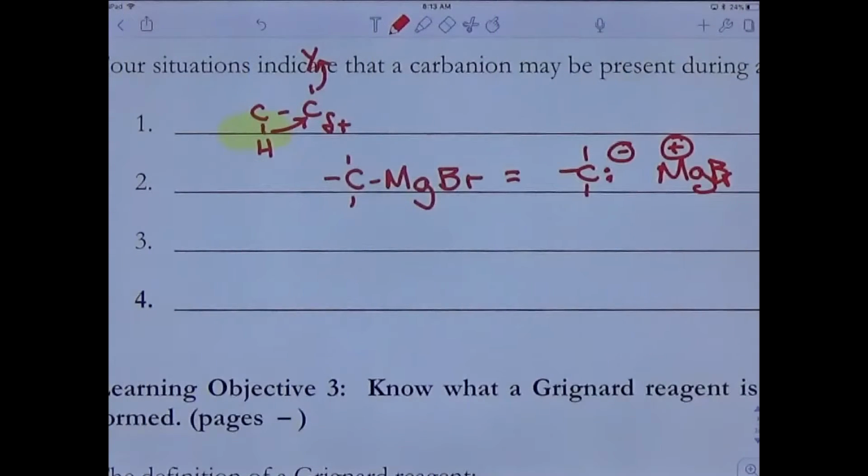It really behaves like that, where you almost have the magnesium and the carbanion hanging out together just because of the opposite charges. So if you see the MgBr, that's going to be the most common one with a metal that you're going to see in this class. If you see that, then you can erase the MgBr and put a carbanion on there.